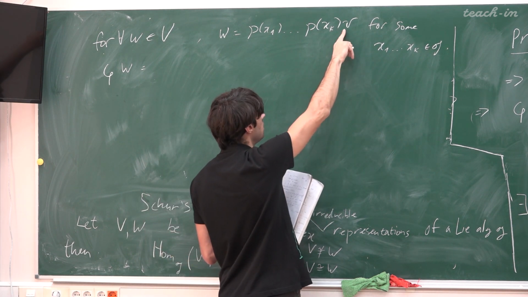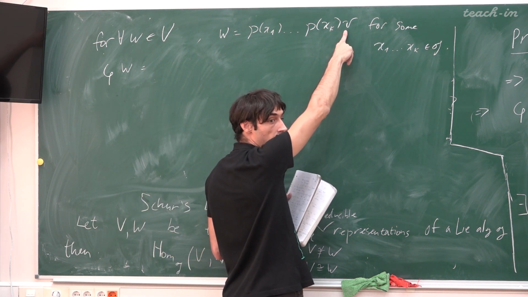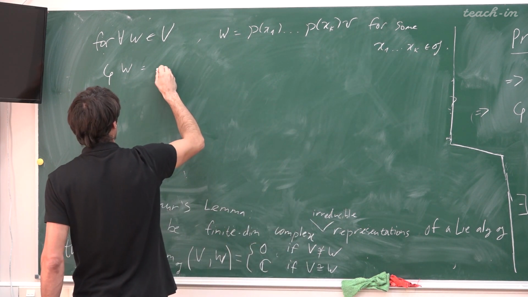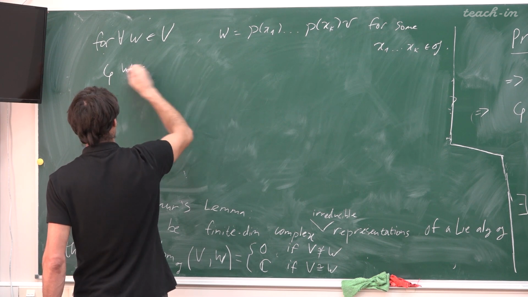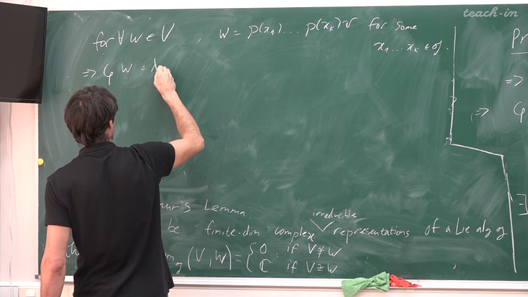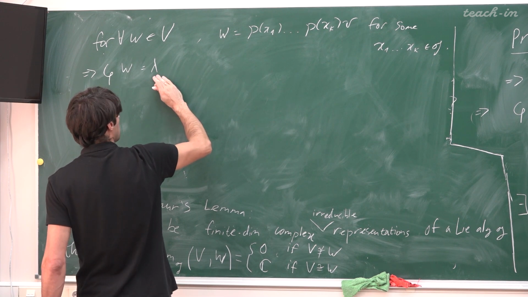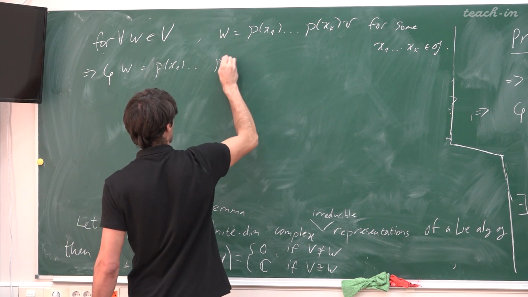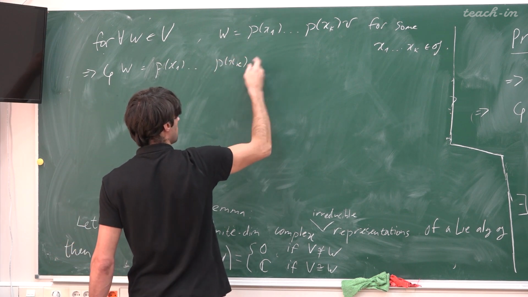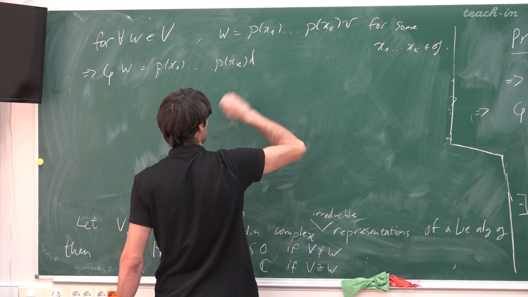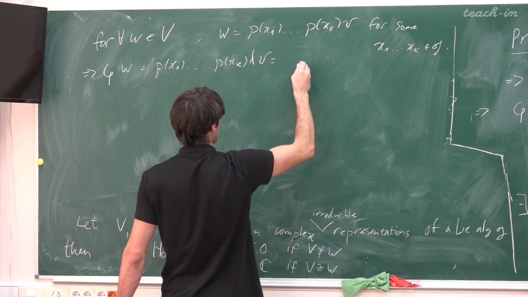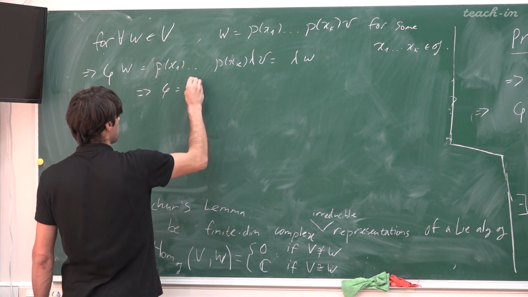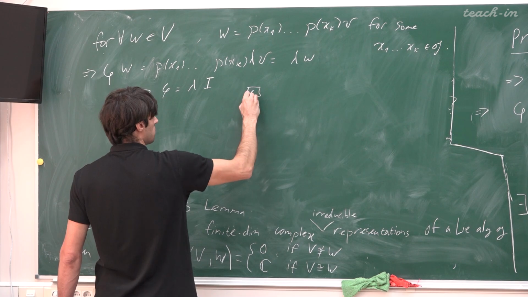So it goes through and hits v. So it will be rho of x1, rho of xk, and then when it hits v, I'll get lambda v. So it's actually lambda times w. So my phi is lambda times identity, and we proved everything.